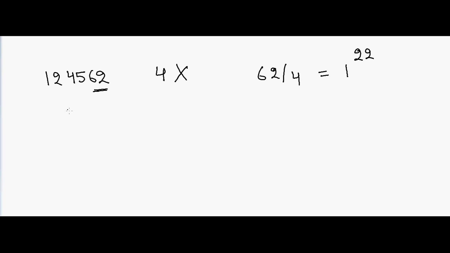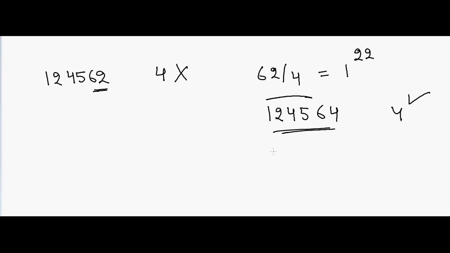So how can I modify this number? If I change the ending, so I'll make 1, 2, 4, 5, 6 and make 4 here, then this number should be evenly divisible by 4. And I can modify this number any way.